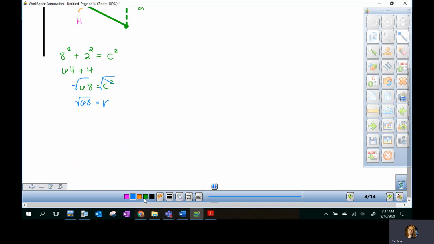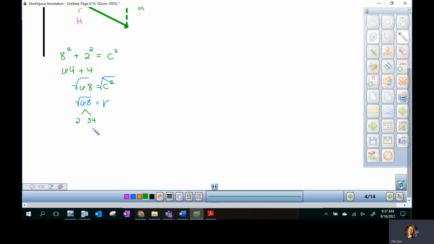Now, if your radical can be reduced, you need to reduce it. And we've been practicing this. Factor tree. Tell me any factors of 68. We know it's 2 because it's even, so it's divisible by 2. 2 and what?